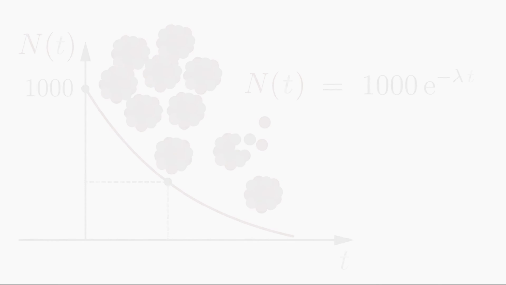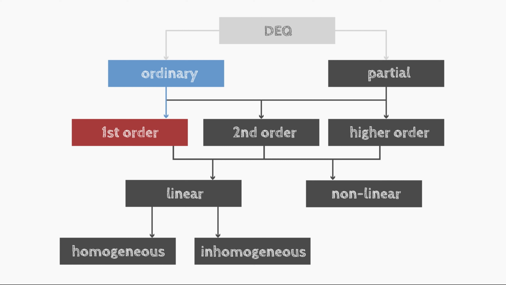Variation of constants. This method is well suited for ordinary differential equations of first order, which are linear. The differential equation can be homogeneous or inhomogeneous. The inhomogeneous one is more general.